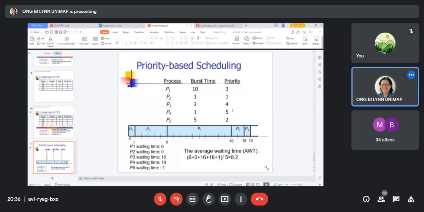So you are going to go 5, 4, 3, 2, 1, which will be P4, P3, P1, P5, and P2. Firstly, P4, sorry, yes, P4.